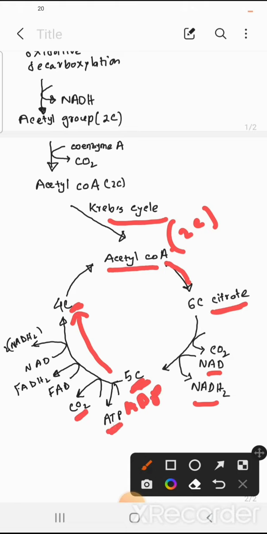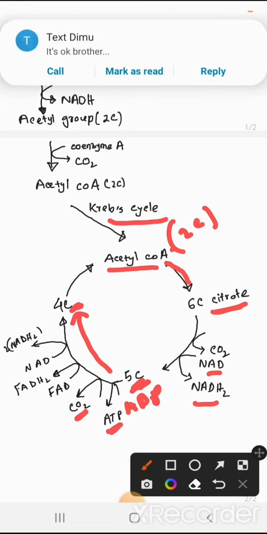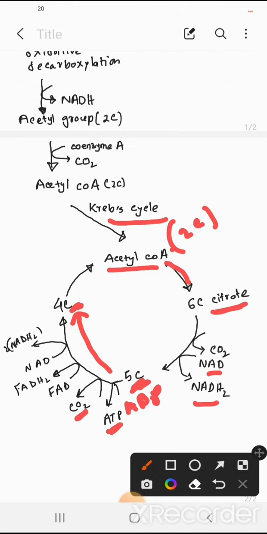So we have ATP in 2 places, in glycolysis and another one in the Krebs cycle. And you also have FAD becoming FADH2 in this process, and also NAD becoming NADH2.